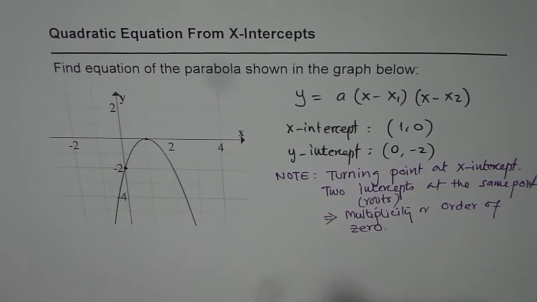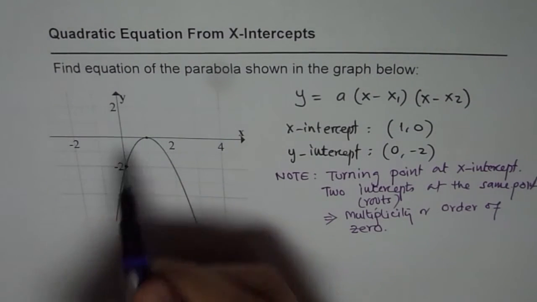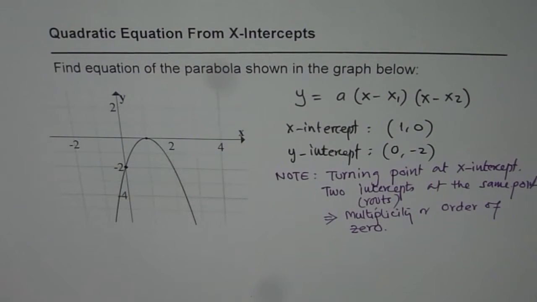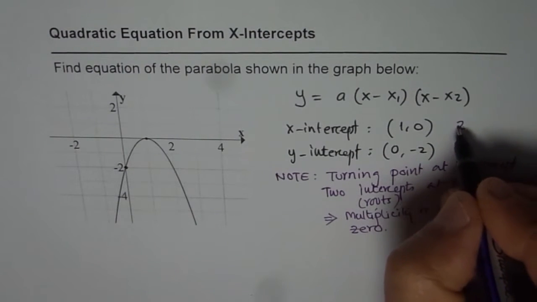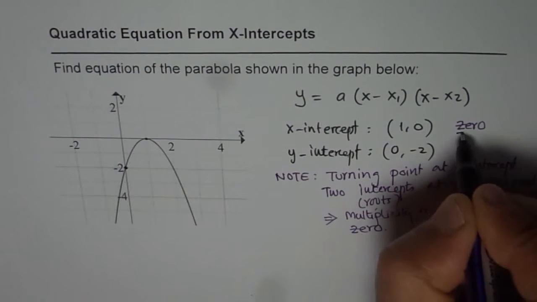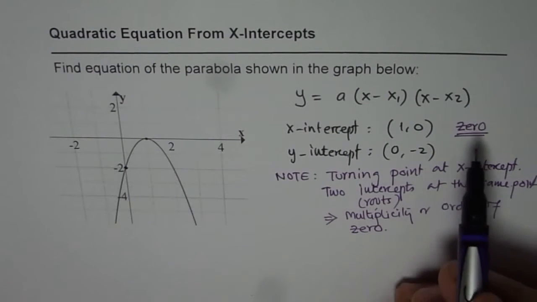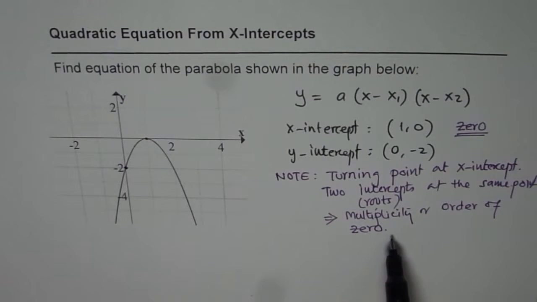That is a better term to know. Since at the x-intercept the y value is 0, the x-intercept could be treated as a zero, correct? Now there is a difference between the two, and therefore zeros have an order of multiplicity.